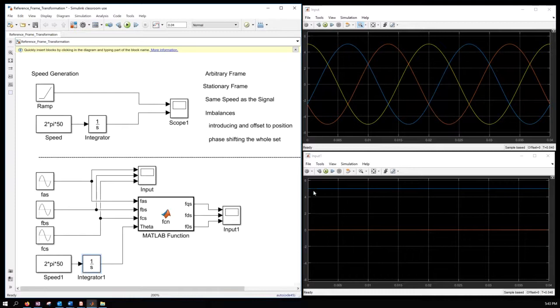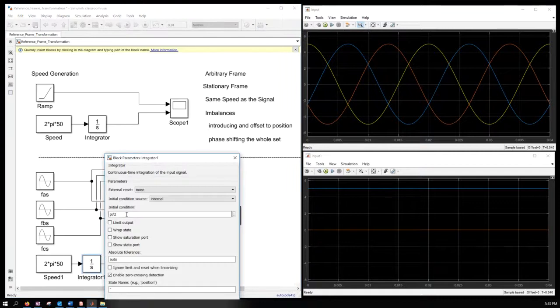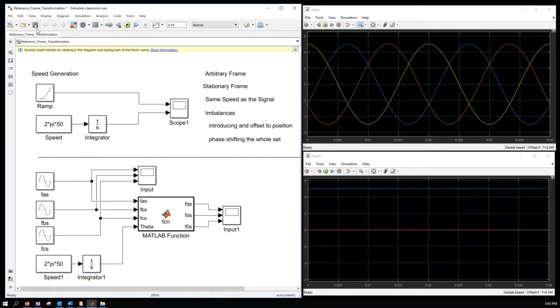See, now D is aligned with where Q should be, and Q is actually under this red waveform. Okay, so this is a practical problem. If you don't get your position sensors aligned, this is what's going to happen to your signals. You think you are measuring one thing, but you're actually measuring something else. So you have to be very careful when this position offset is connected to your system.